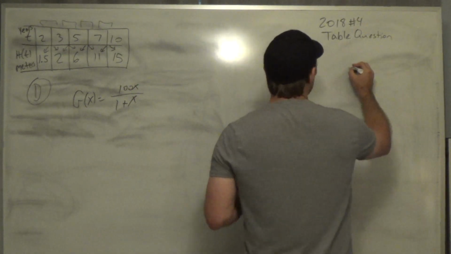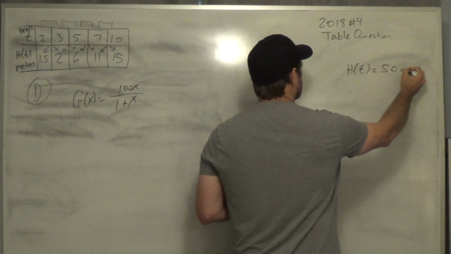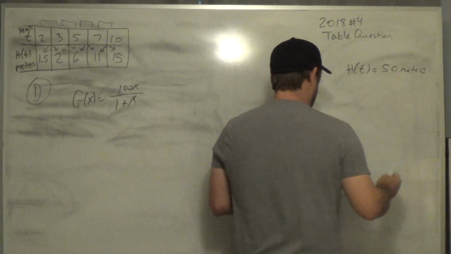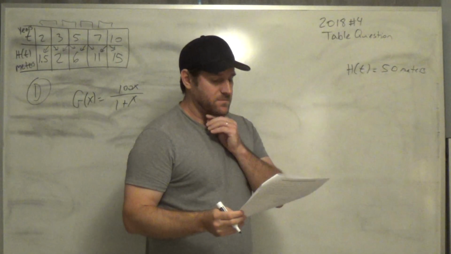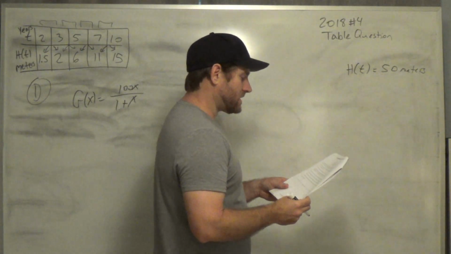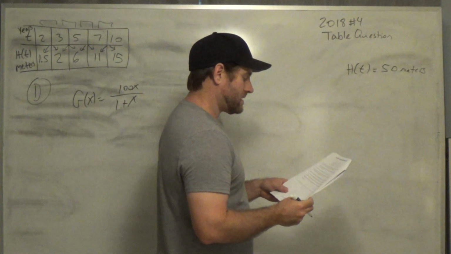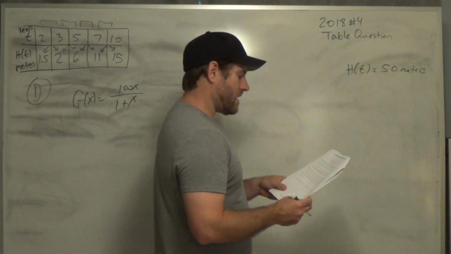Wow. So when h of t, when the tree is 50 meters tall, and again, crazy question, the diameter of the base of the tree is increasing at a rate of blah, blah, blah.